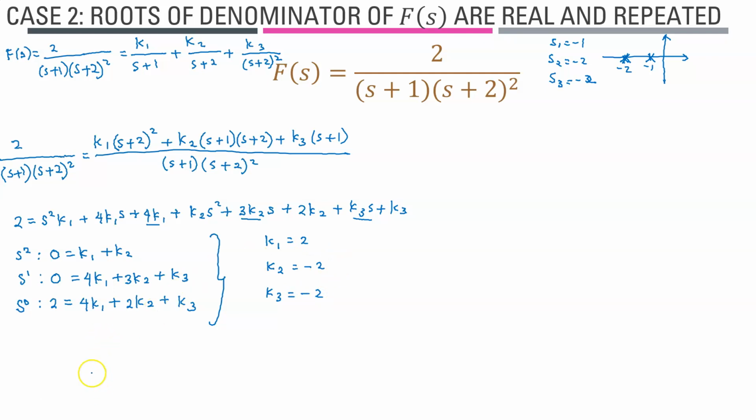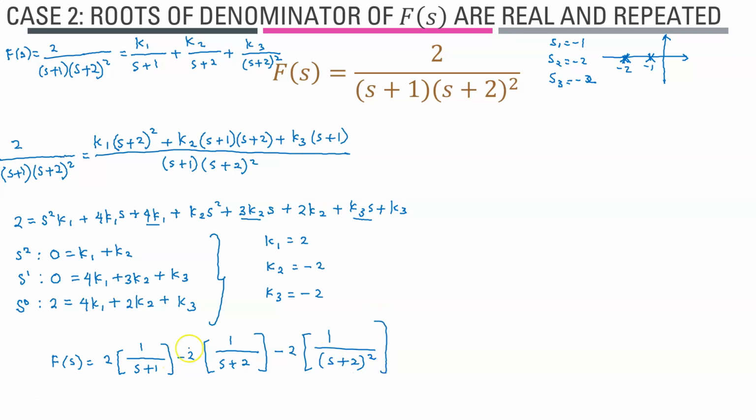Now you can rewrite the equation so that F(s) equals, k1 is 2, so 2 multiplied with 1 over s plus 1, k2 is minus 2 over s plus 2, k3 also minus 2 over (s plus 2) squared.